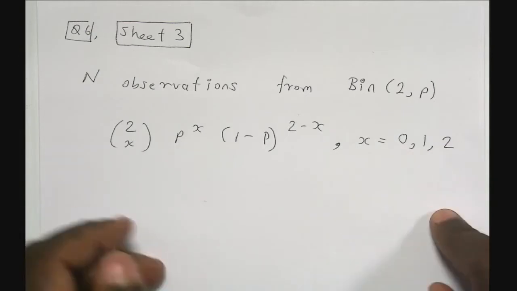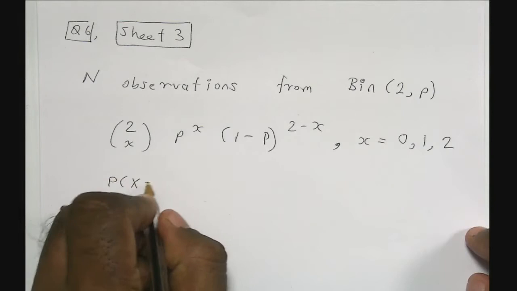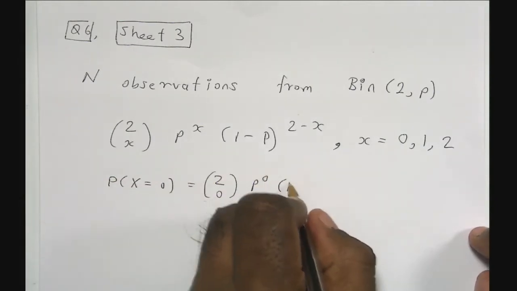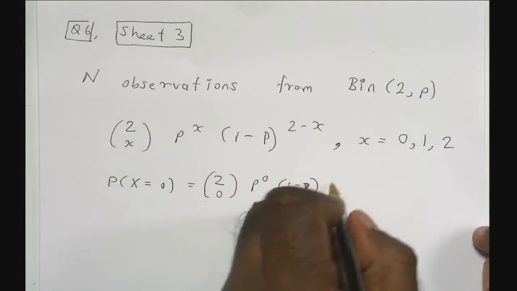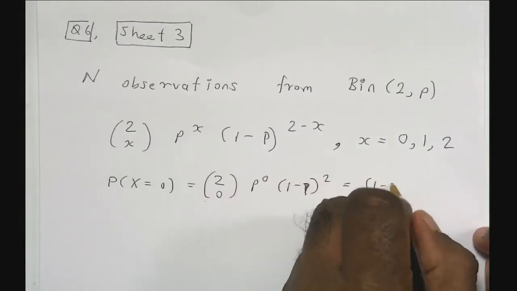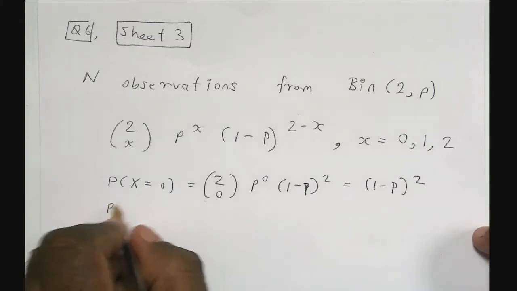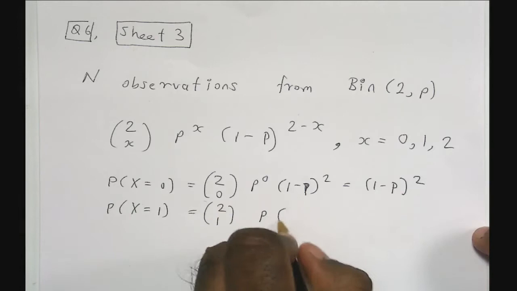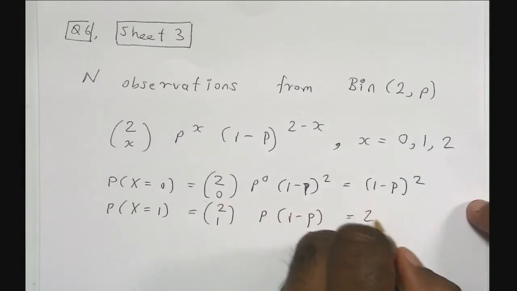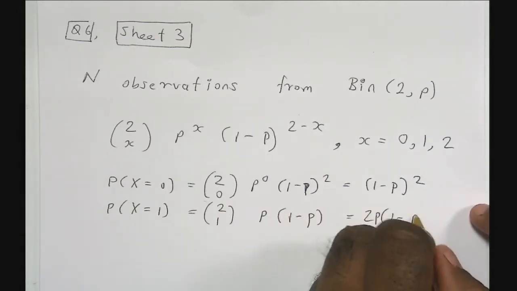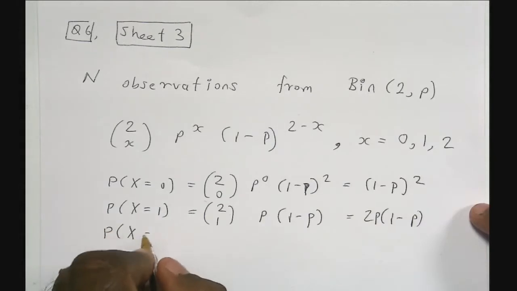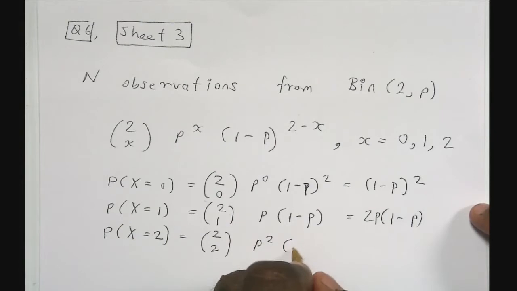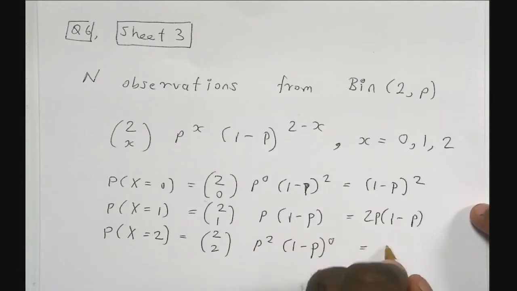So the probability that x equals 0 is this, the probability that x equals 1 is this, and the probability that x equals 2 is this. All right?